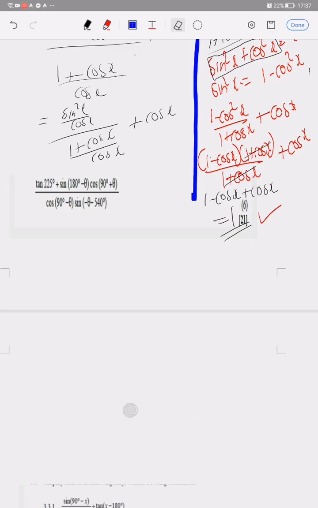All right, so now what are we having now? Okay, let's try to simplify this one.